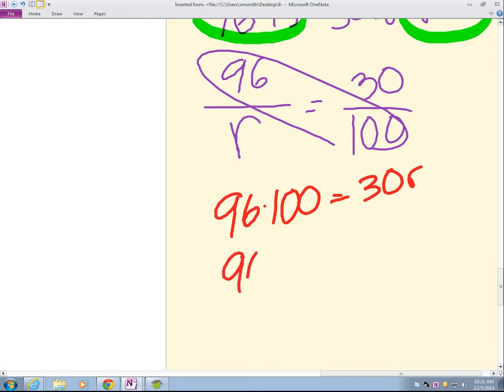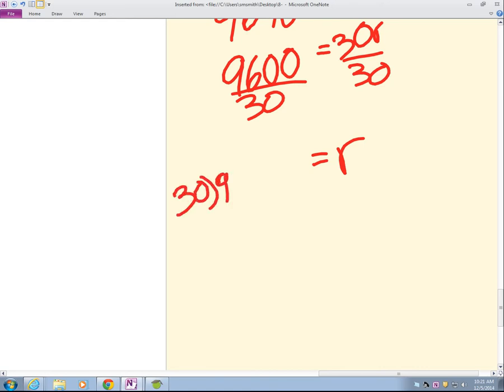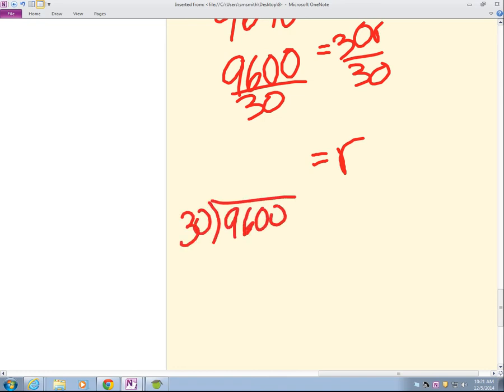Then I'm going to divide both sides by 30. 9600.